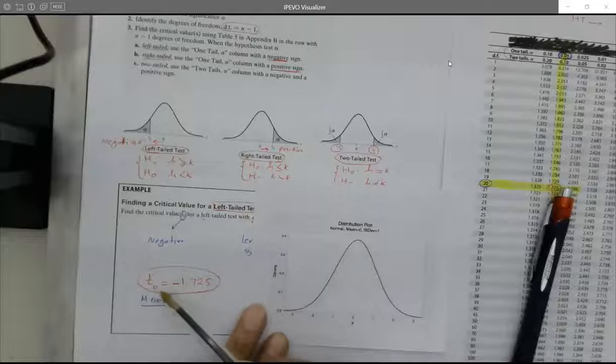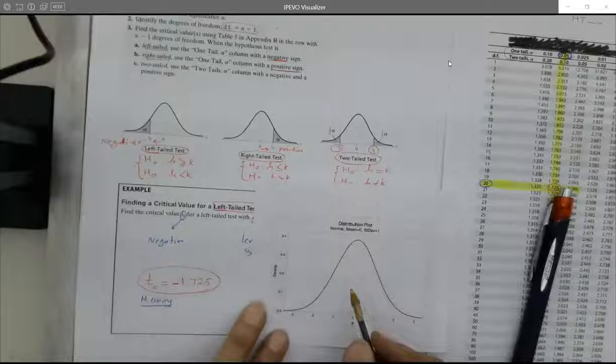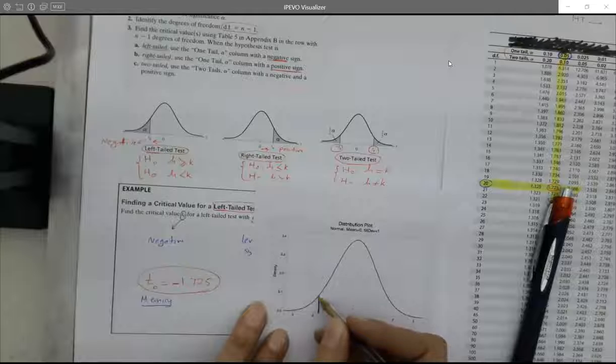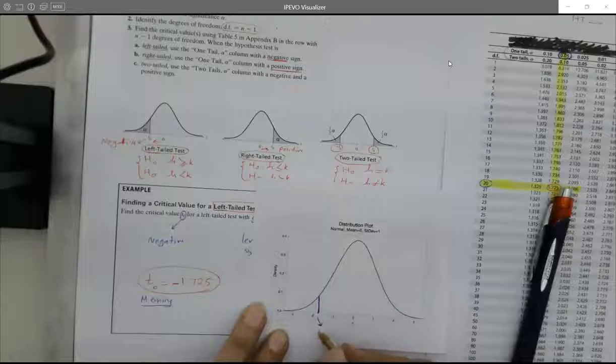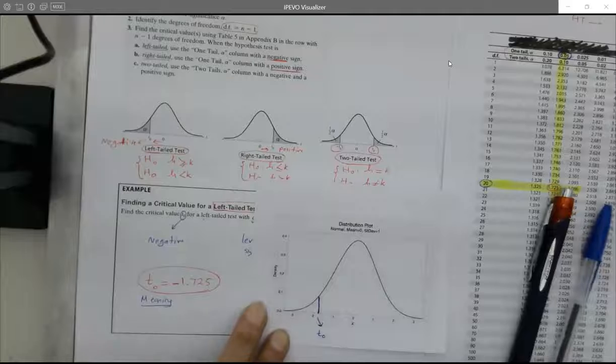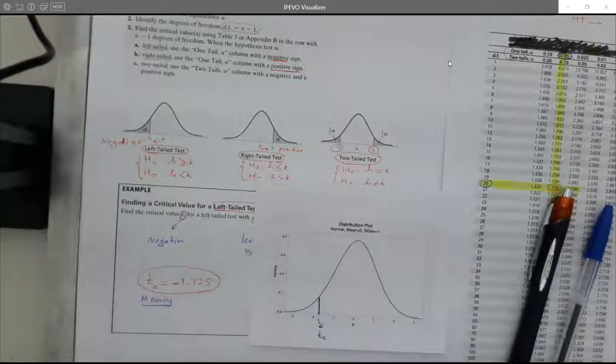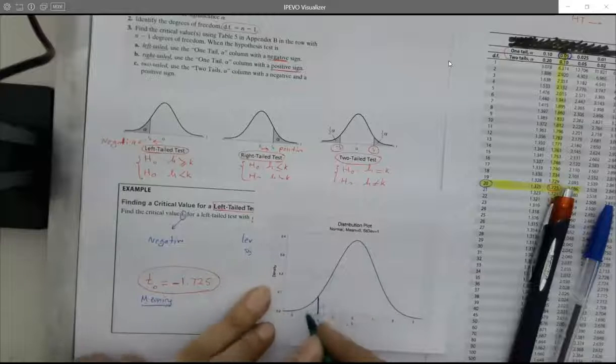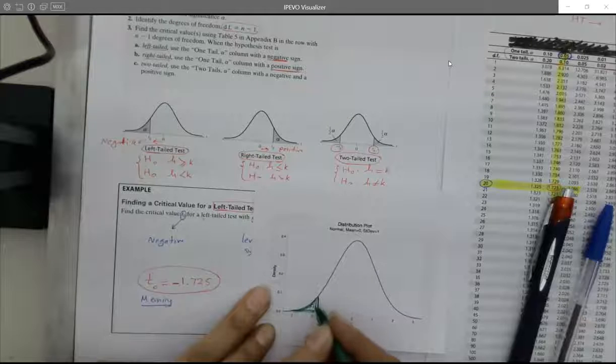My t sub 0, or critical value, negative 1.725, is roughly here. It divides this graph into two pieces. So this is my t sub 0. On the left-hand side, I get my rejection region. So this is my rejection region.